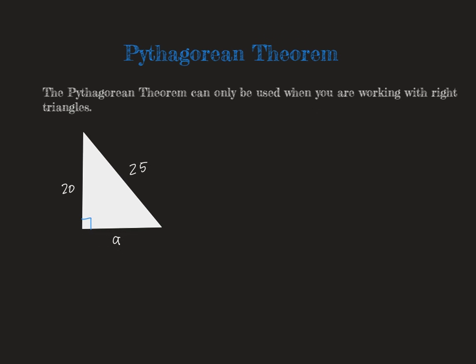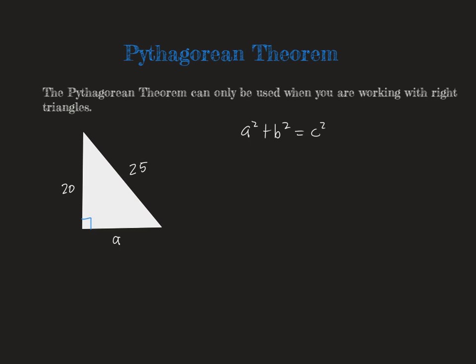Now for this example, we're going to have something a little bit different. Now we have our formula, and we're going to write a squared plus b squared is equal to c squared. Now we have the longest side, this is going to be 25, and then we also have another side that is going to be 20.